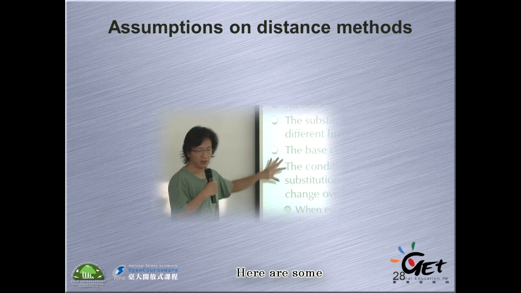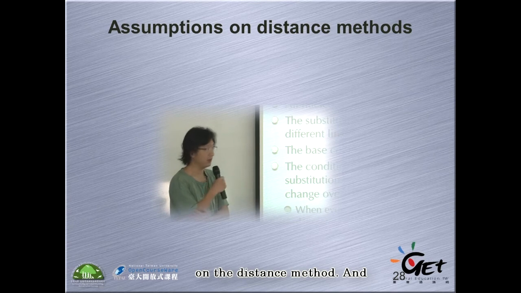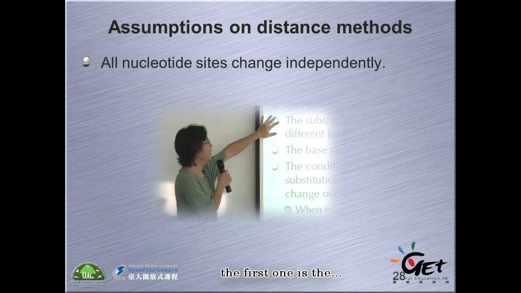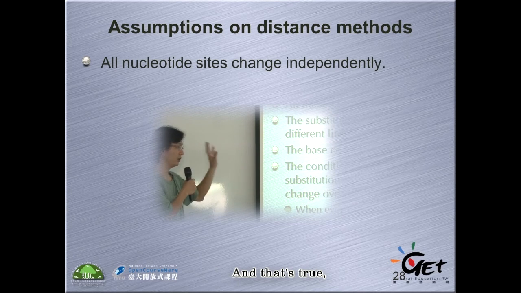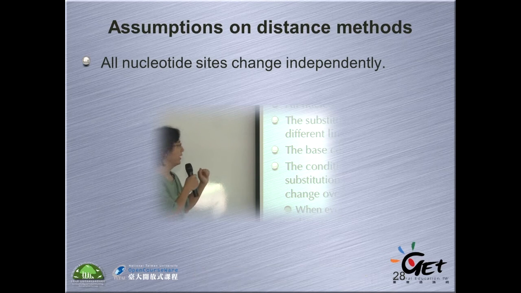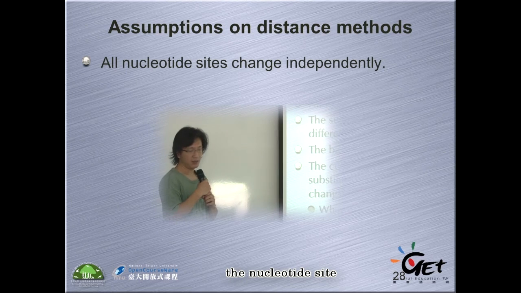Here is a list of the assumptions of the distance methods. The first one is that it assumes all nucleotide sites change independently. That's the same assumption for all the different methods, and it is violated very easily, because nucleotide sites sometimes do not change independently.